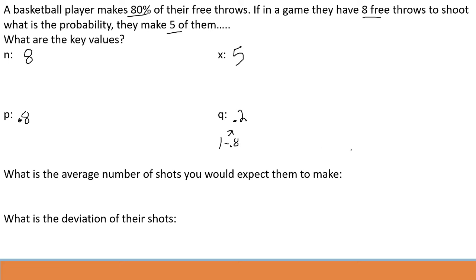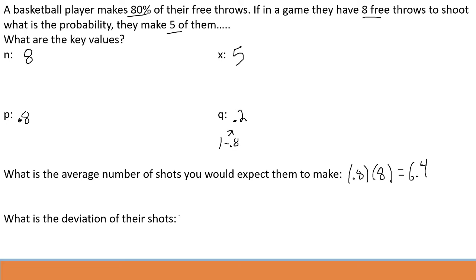Now, on average, what would I expect him to make? Well, if there's an 80% chance that he makes his basket, and he's going to make 8 attempts, that's just going to be 0.8 times 8, which is going to be 6.4, right? Let me make sure I check that real quick. Yeah. So I expect him on average to make 6.4 baskets, which is not too far off from his target amount, right?